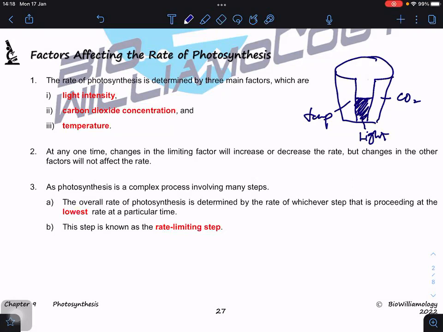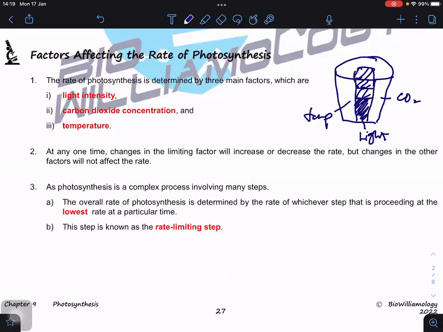So in this case, how do you increase the rate of reactions? We are going to increase the height. But with any further increase later, you can see there's no change in the volume anymore, because another factor now acts as the limiting factor. It can be CO2 concentration. It can be the temperature. Are you clear? So that is the concept of limiting factor.